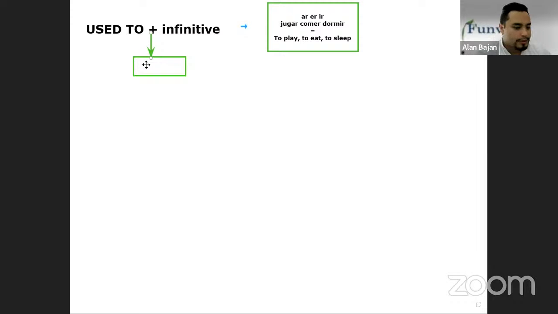Solía in Spanish. And it is exclusive for past tense. Remember that used to plus infinitive is exclusive for past tense. Only use it for past tense.